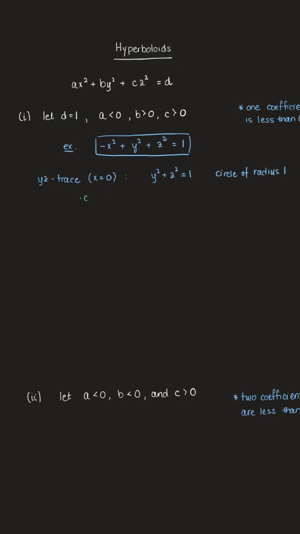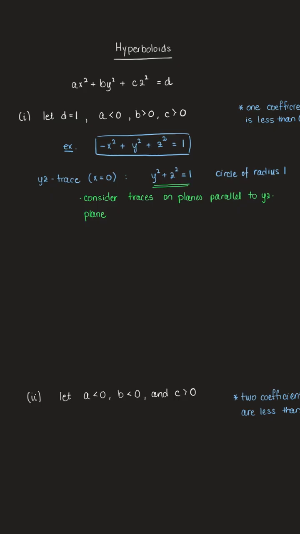So let's consider traces on planes parallel to the YZ plane. The reason I'm doing this is because I suspect that if we let x take on different values, we will just have circles of different radii.